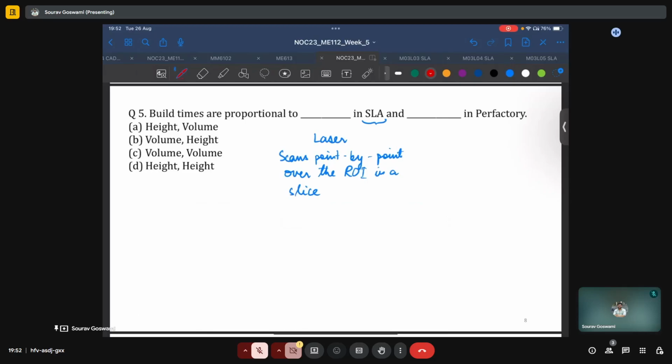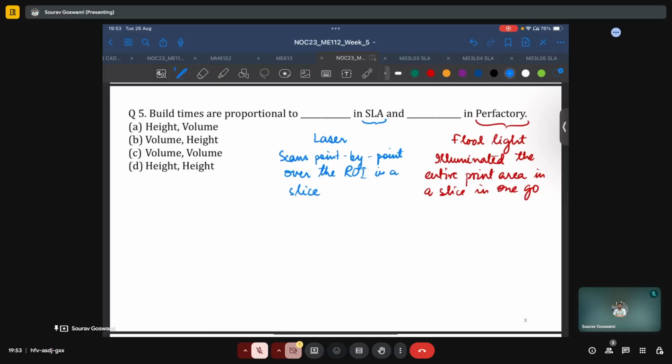Whereas Perfactory used a floodlight which illuminated the entire print area in a slice in one go.